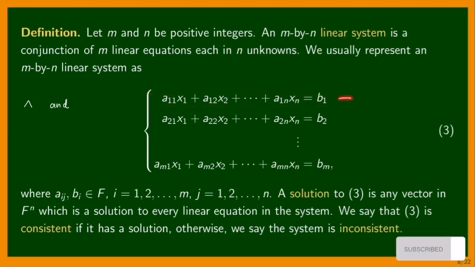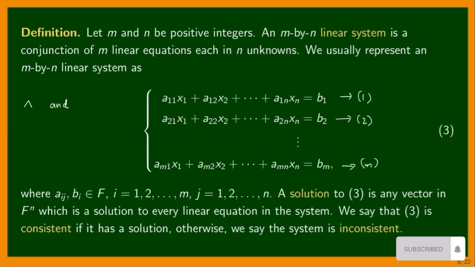For example, this is equation 1, this is equation 2, and this is equation m. Each of these coefficients, because the first subscript is 1, belongs to the first equation. The second subscript, on the other hand, represents the subscript of the unknown. As you can see here, for example, a21 is the coefficient of x sub 1 in the second equation because the first subscript is 2.